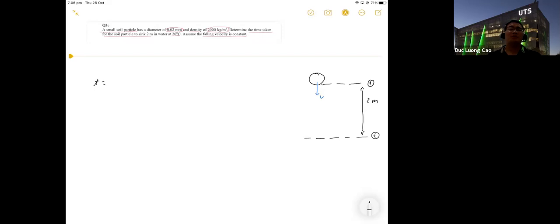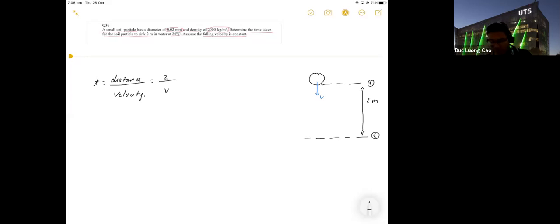High school physics. With a constant velocity, time equals distance divided by velocity, or 2 divided by V.